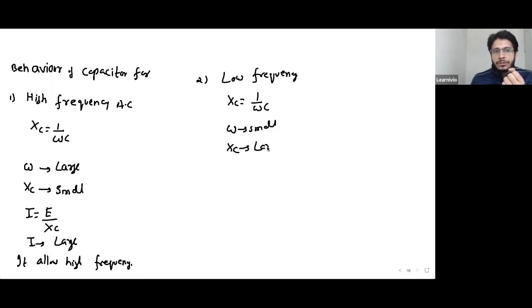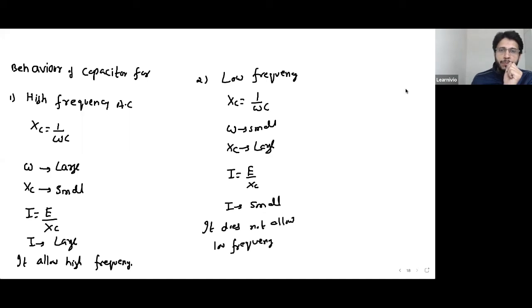Xc would be large. If your Xc is large, then your I is E by Xc, so I is small. That means a very small current will pass for a low frequency. It does not allow low frequency.